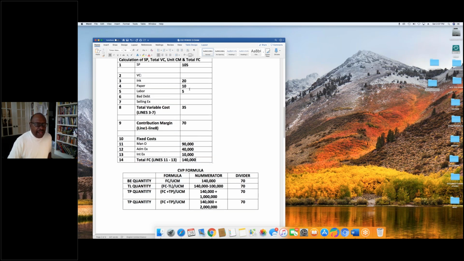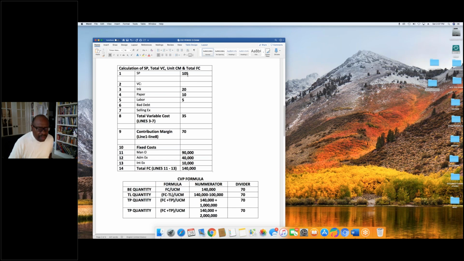Now that we have the selling price, and we have the contribution margin, and we have the total fixed cost, now we can work to determine our quantities. We'll look at break-even quantity first, and that formula is fixed cost divided by the UCM.